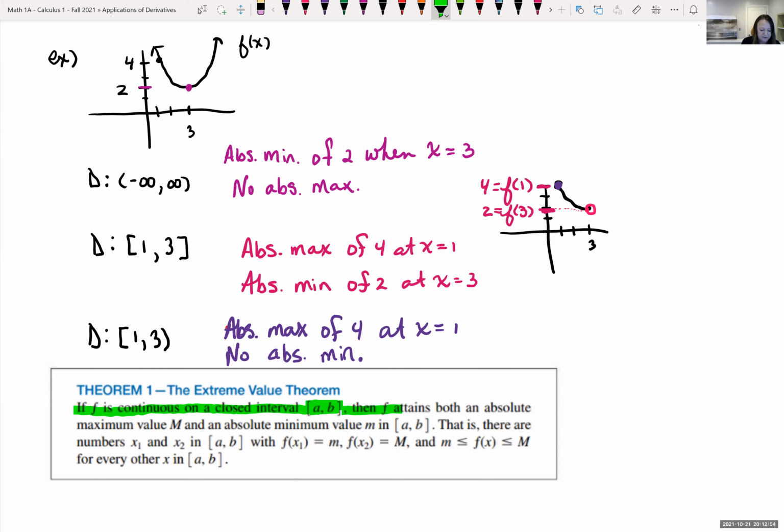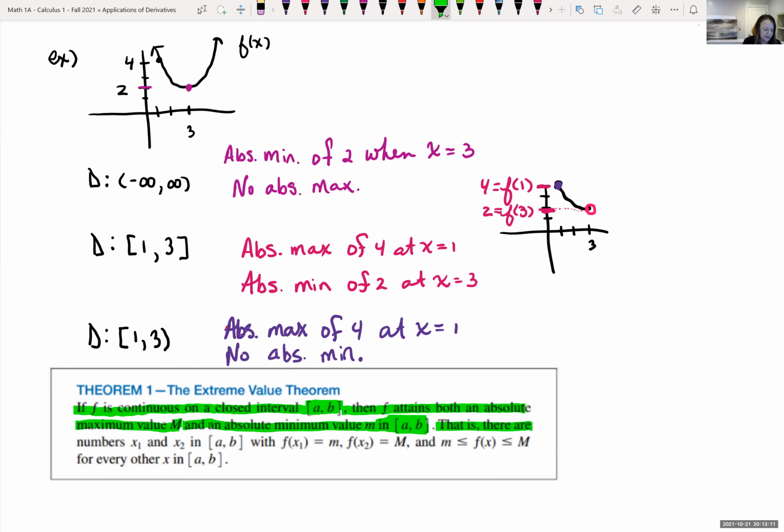Then f attains both an absolute maximum value, capital M, and an absolute minimum value, which we'll call little m, in the interval of our domain from a to b.